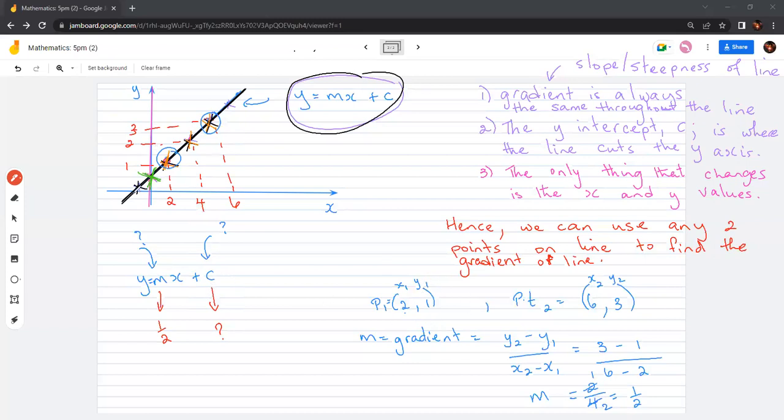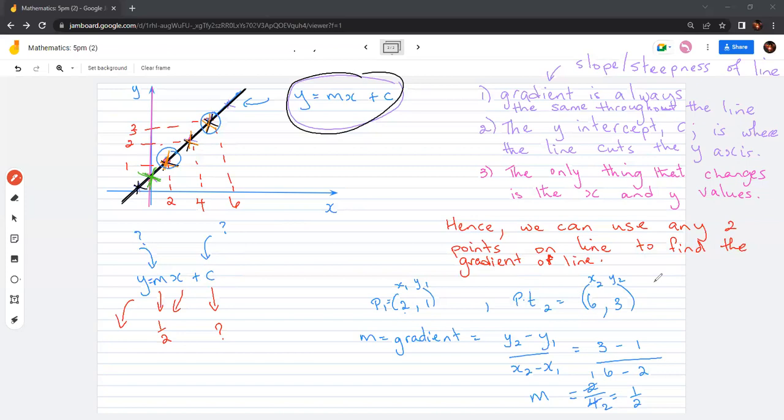It doesn't matter which point. Once it's 1 point on this line, I could use any point I want on this line, or if they gave me 2, I could use any one of those, to use the value of y and the value of x. So I could substitute it to use my algebra to find the C.